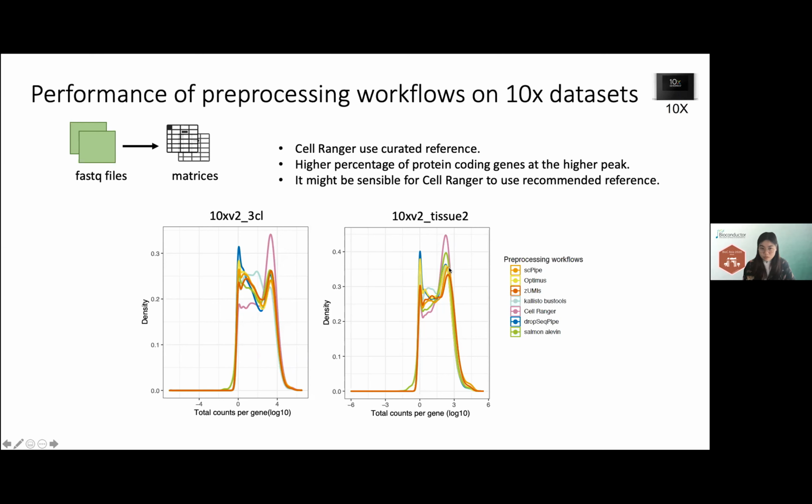From this plot, I was wondering if it might be sensible that CellRanger recommends users to use the curated reference, because it would to some extent alleviate the impact caused by multi-mapping. But does it really make sense that removing the pseudogenes would give a better result? What if there are some signals contained in the pseudogenes, and does it matter?